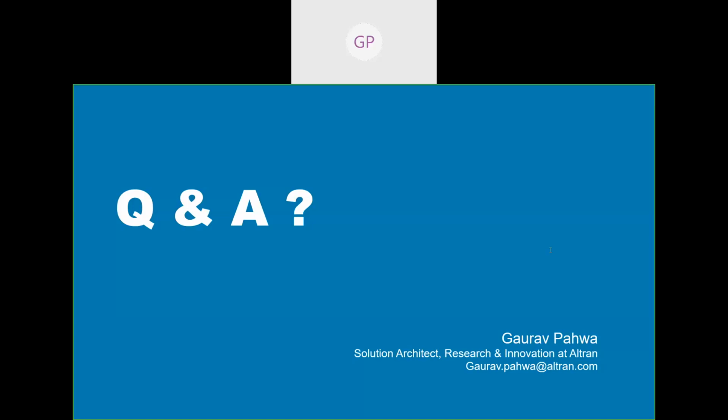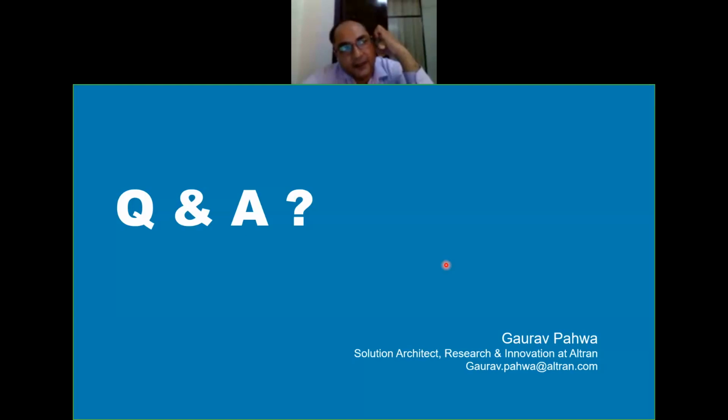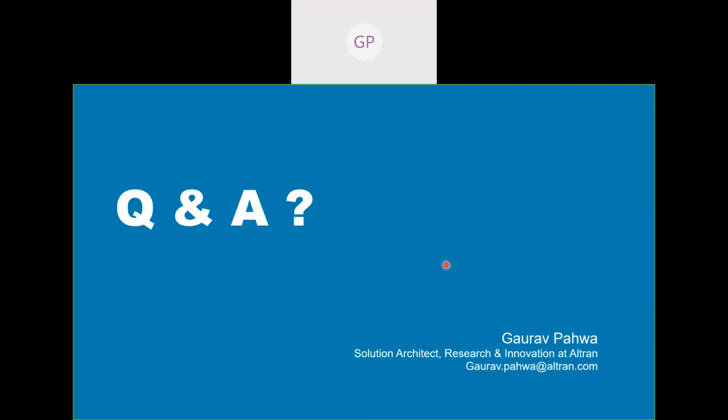Sir, any suggestion you would like to give the faculty participants to prepare the students for campus placement? Yeah, I think the idea would be to understand the concept rather than jumping onto tooling which hides the complexity and creates a wrapper around the core technology.